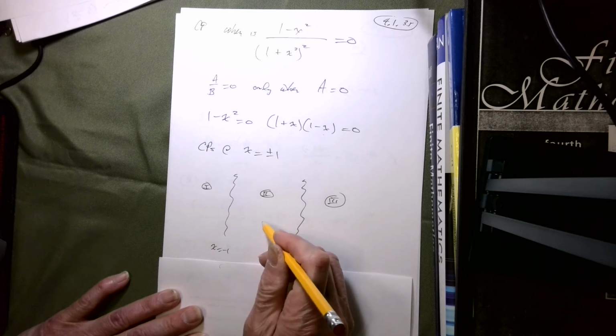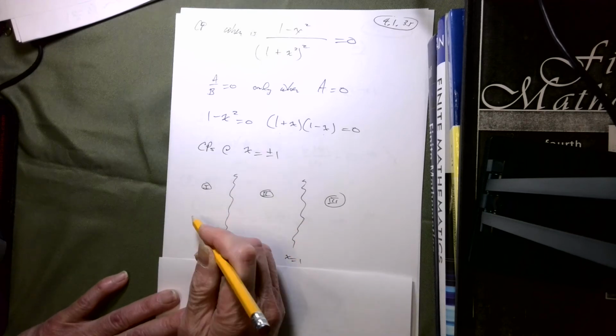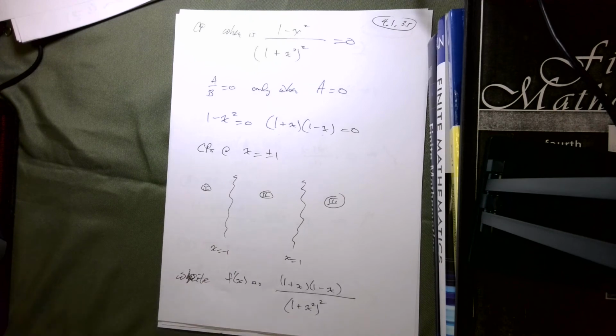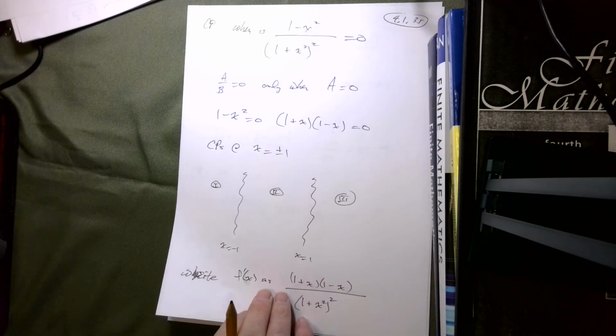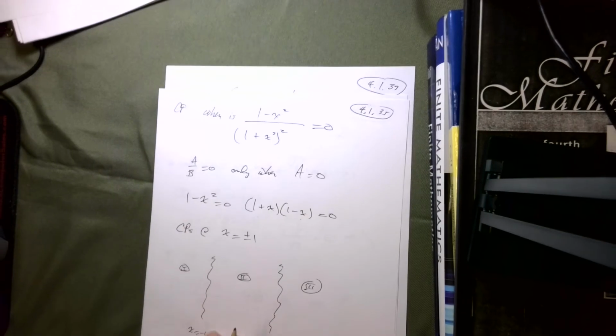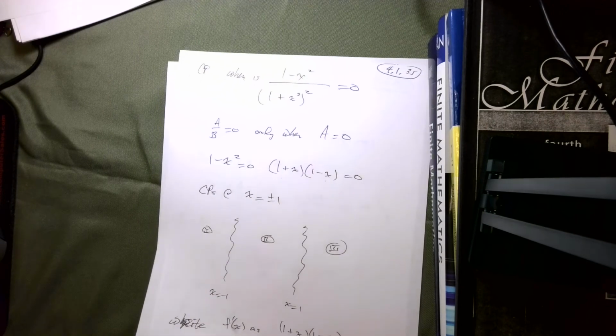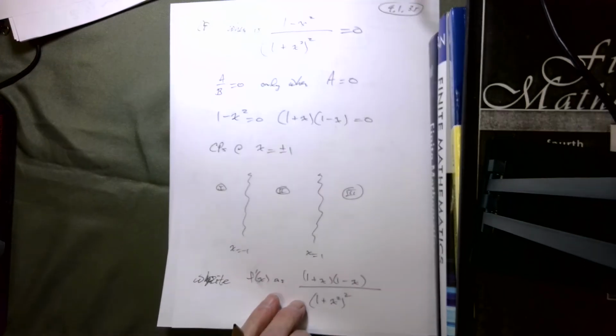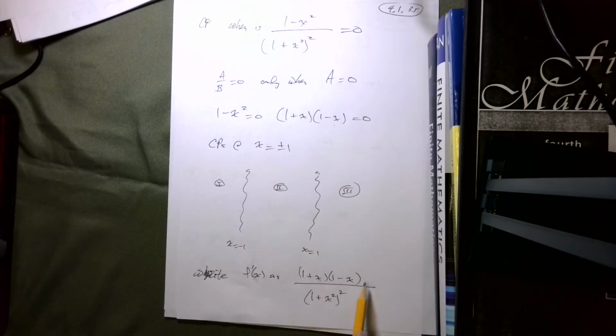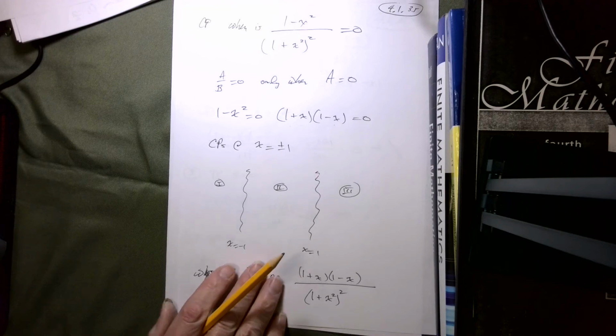So I'm going to have to pick test points. Test point here is going to be 0. Test point here is going to be 2. Test point here is going to be -2. Okay, now what I'm also going to do is let's rewrite the derivative this way. Now, the denominator, I don't even have to worry about this because this is always going to be a positive number. So I really only have to worry about those two.